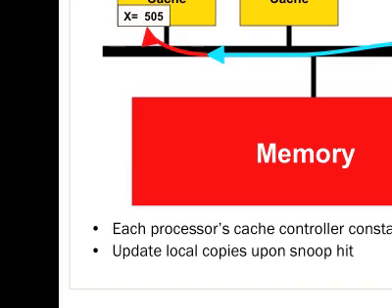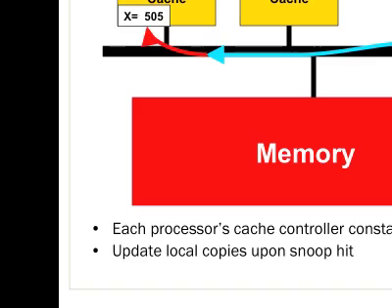So the next step, the cache controller of the first processor, once it sees there's a write operation to address X with the new value 505, will generate a transaction, and this transaction will essentially update the value of location X in cache 1 to the new value 505.